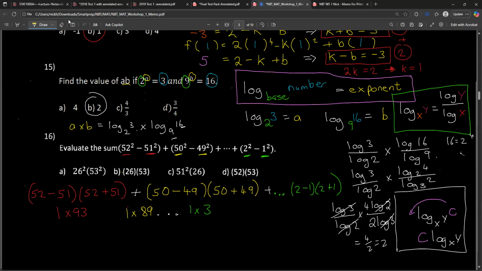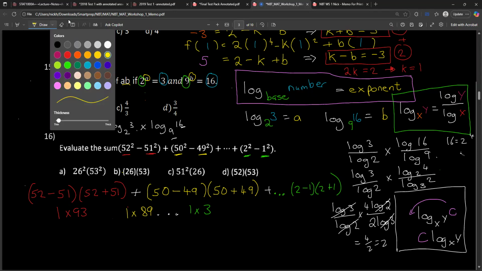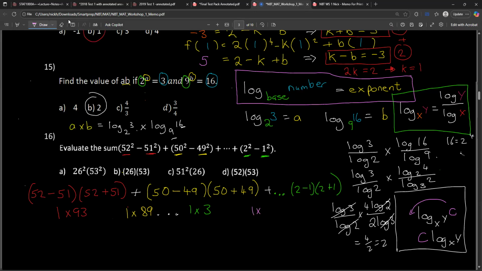Okay, I'm going to do the other one as well, just so that you can see that extra pattern. So I'm going to say it would be 1 times. If you were to carry on this pattern, it would be 50, 48, plus 47, and 1 times that. And that, as I said, would be 85.